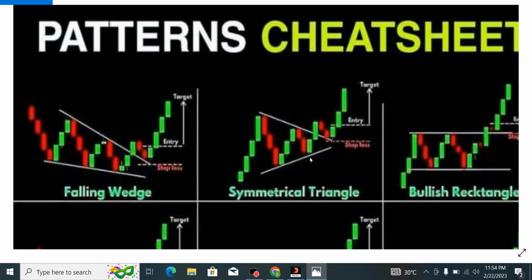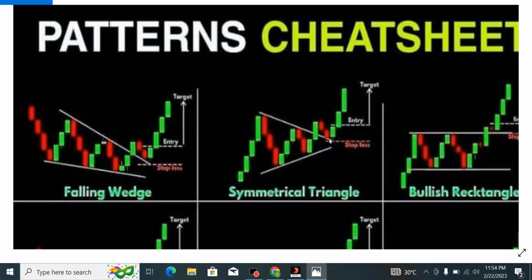Actually, we were expecting it to break out below the support zone, but it didn't happen, so it broke out above the resistance zone. Right from there, it means that there will be a bullish trend. I told you before that once there is a breakout, you should know that the market is going to go in that direction for a very long time.